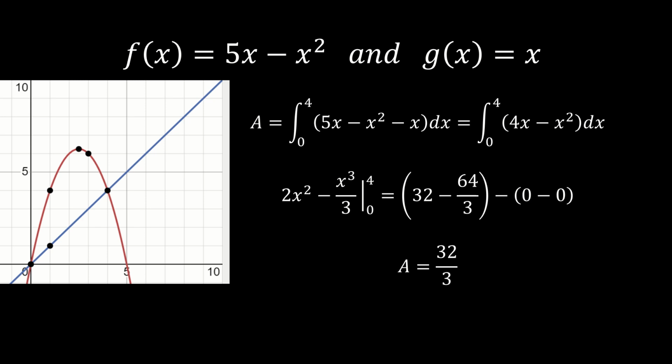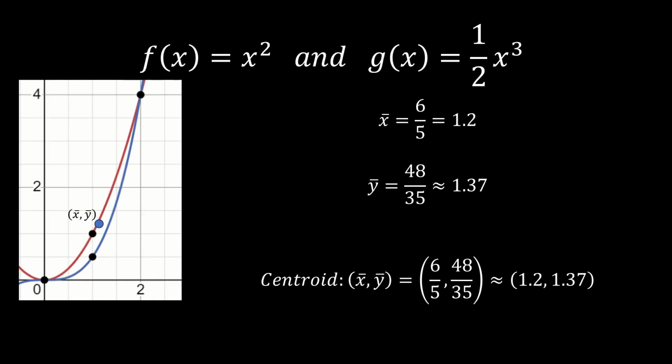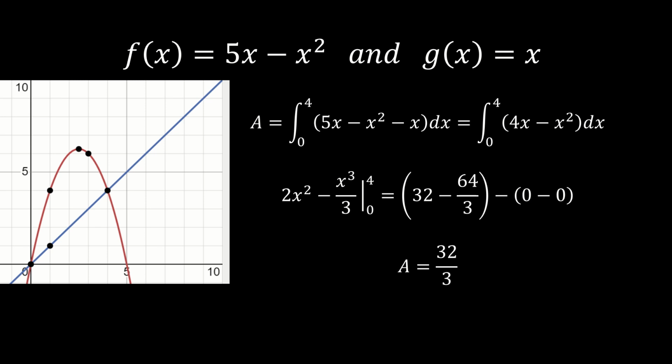Now then, another graph that was made using Mathway. That is going to be our top function is the curve 5x minus x squared, and our bottom function is just the function x. Here we're interested in the values from 0 to 4.